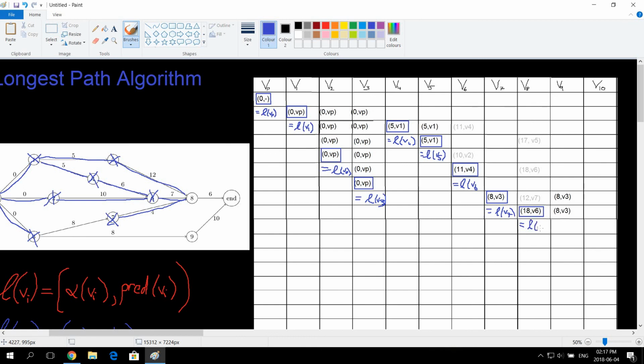Of V8. Cool. And we didn't use the previous one, so we're going to bring it down. And here we're going to do the same thing with these temporary labels, because for V10, yes, we've crossed off V8, but we haven't crossed off V9, so we can't pick this end vertex just yet.